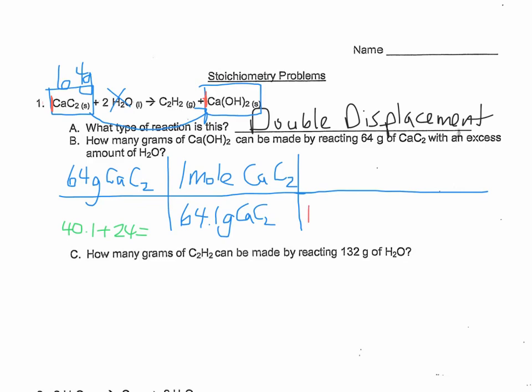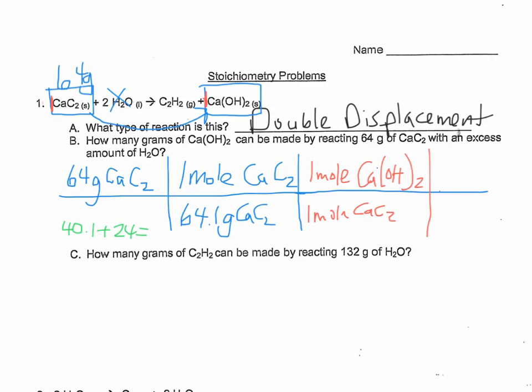So for every 1 mole of CaC2, I get 1 mole of CaOH2. So what I did there was I was able to convert it from one thing to the next. I can use those coefficients kind of like a bridge.